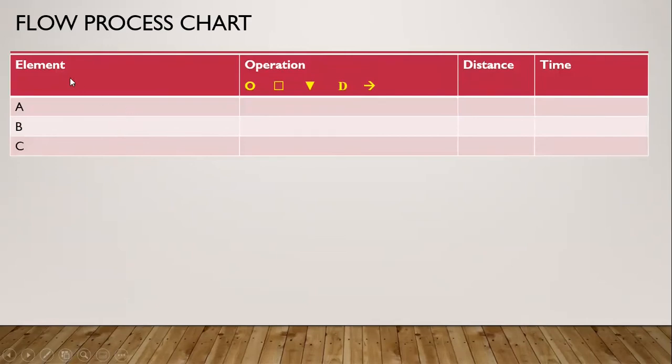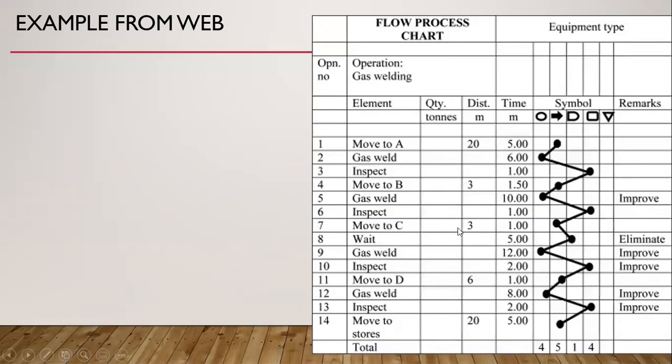This is the template. This column is for element. This is for various operations or processes. This is the distance, and this is the time taken at each stage. So this is a filled-up example I have taken from internet. These are the elements in this sequence.